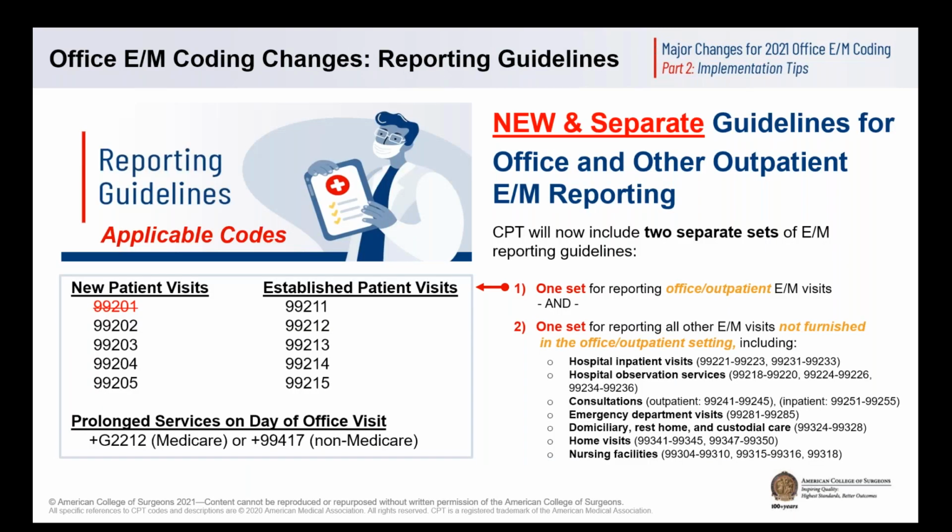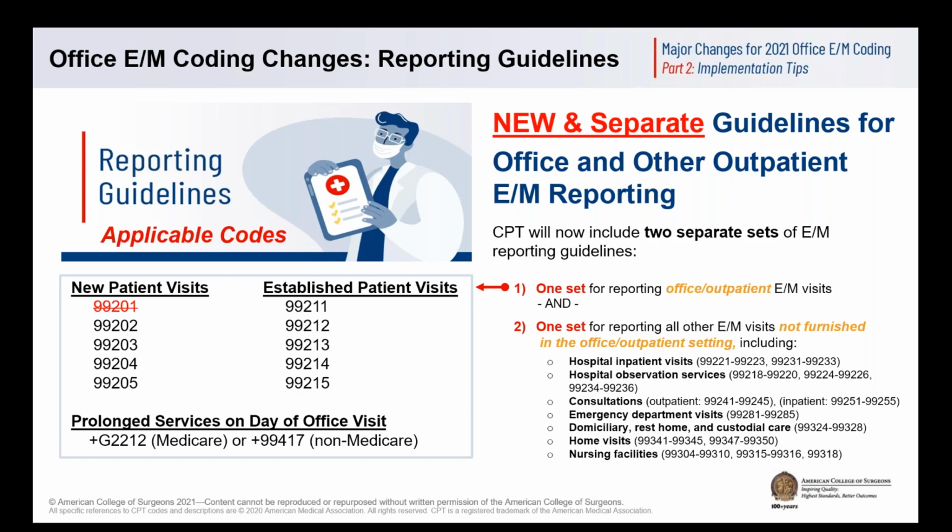So just for a reminder, for those of you who may not have participated in the first webinar, which is available on the website, these codes are specifically looking at what's in the left lower quadrant box, the new and established office space outpatient codes.